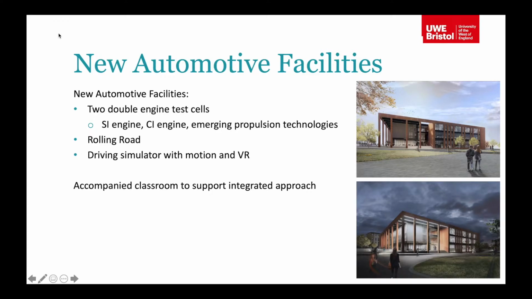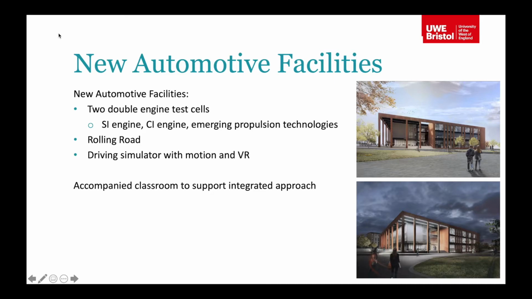We have 2 double engine test cells, so that's two cells each with 2 engines inside. At the moment we have a spark ignition, so that's a petrol engine, and a compression ignition, which is essentially a diesel type engine, and they are running engine dynamometers. And then we've got another space for emerging propulsion technologies, where we can install things like electric drives and hybrid propulsion systems.